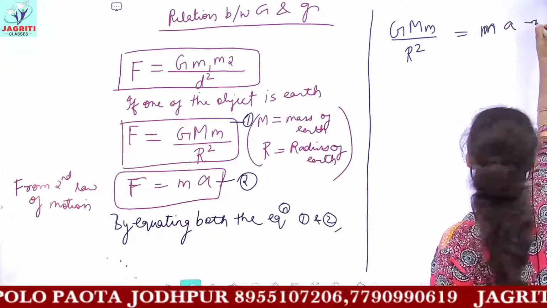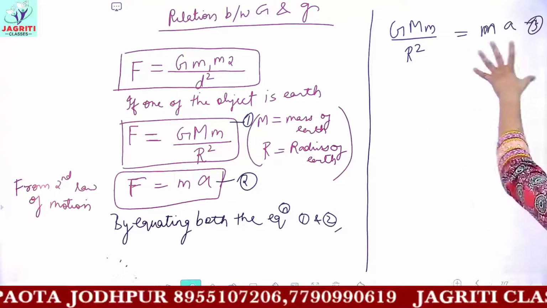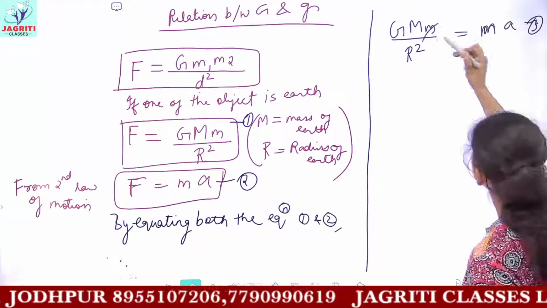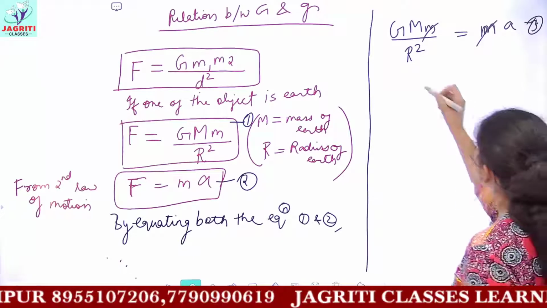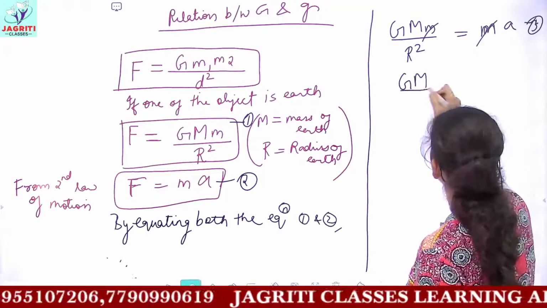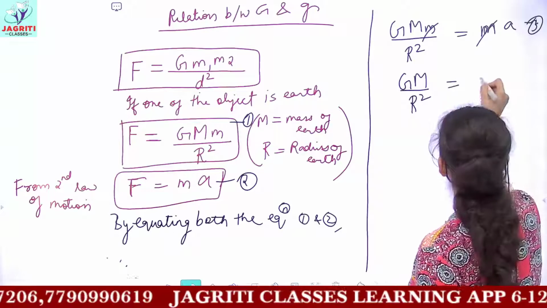This would be my third equation. And if I further solve it, you see this small m cancels from both sides. Then you are left with GM upon r square gives you a.